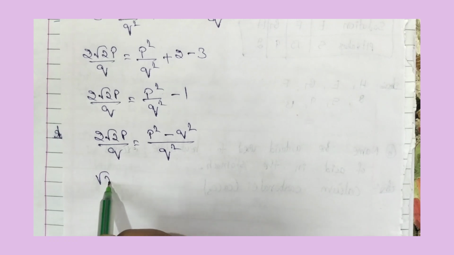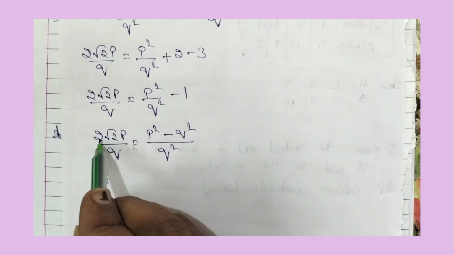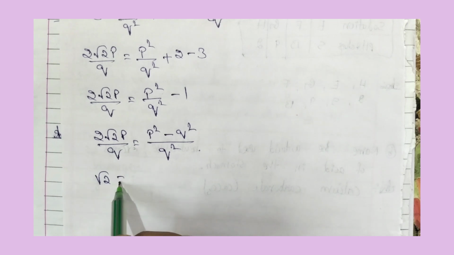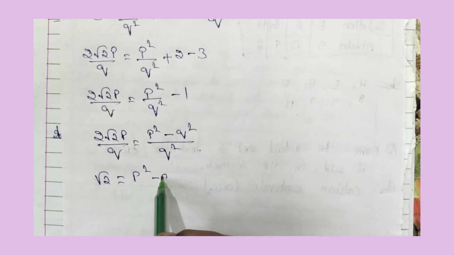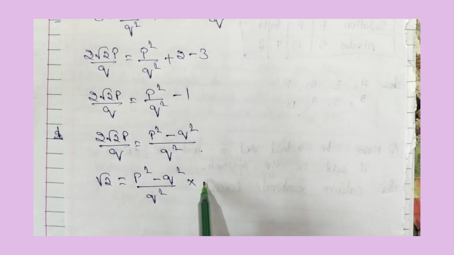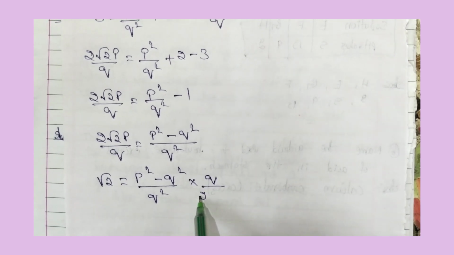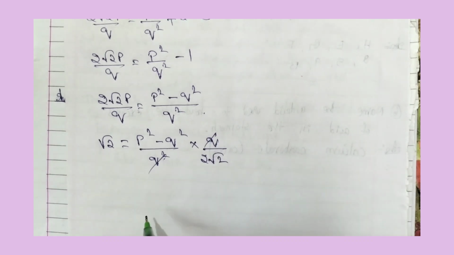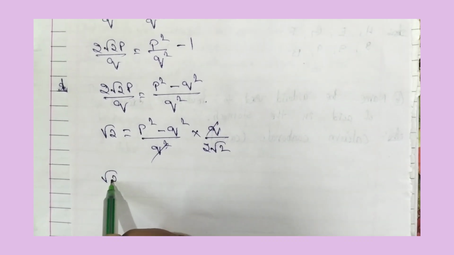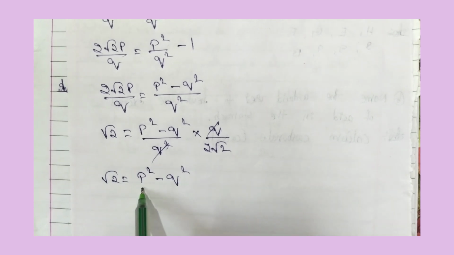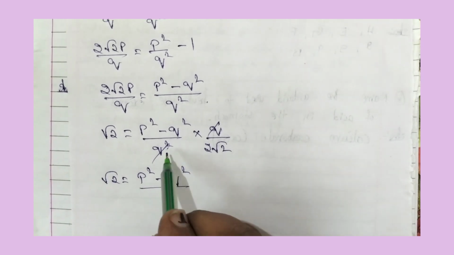So root 2 you keep only root 2 here, and 2P you bring to the denominator and Q to the numerator. Root 2 is equal to P square minus Q square by Q square into Q divided by 2P. So Q gets cancelled.